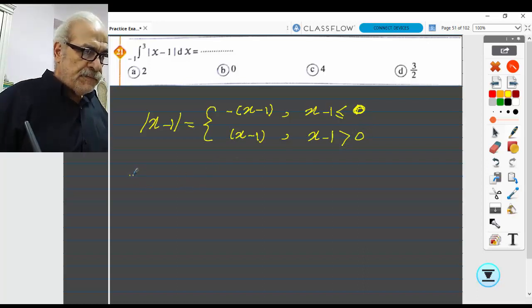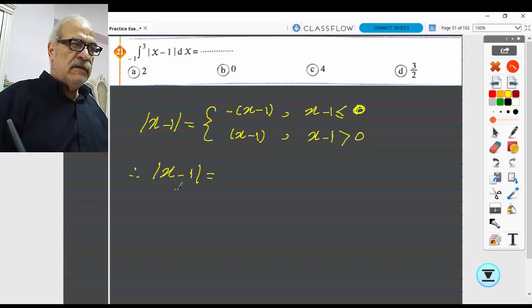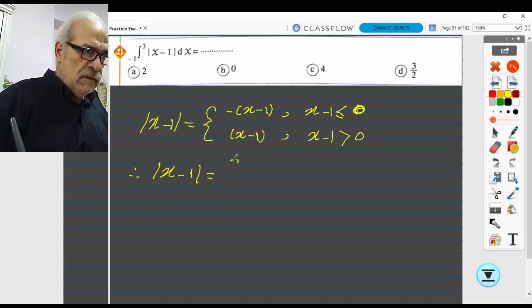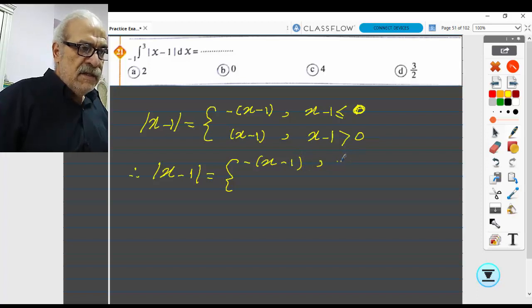So the absolute of x minus 1 equals negative x minus 1 when x is less than or equal to 1.